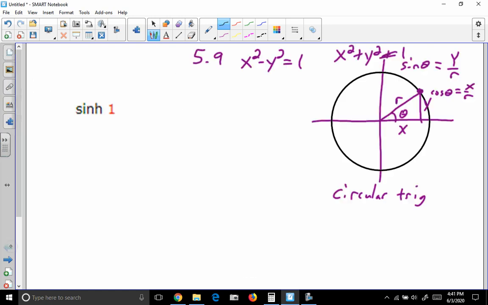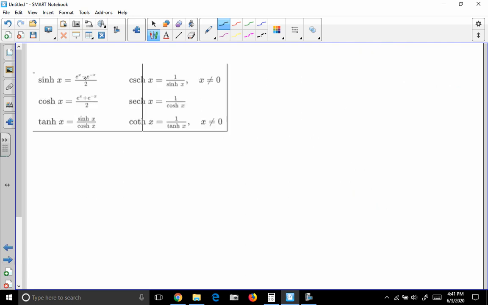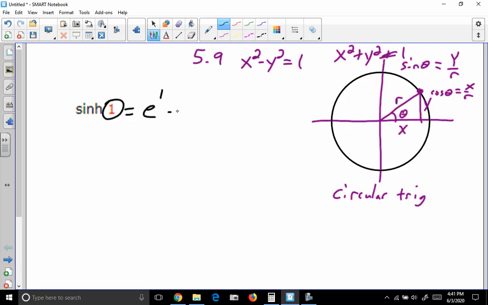So on this first problem, they want us to calculate this. So we will do e to the, our x is 1, and is it plus or minus? For sine, it's minus in between, so minus e to the negative x, which is 1, over 2. And then we can get that as a decimal approximation if we need to.